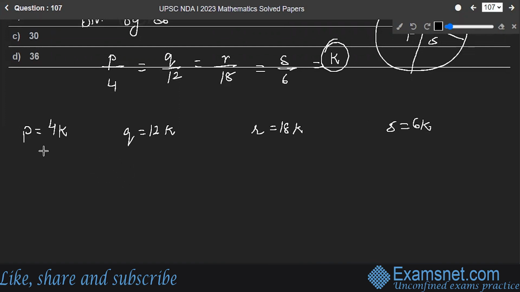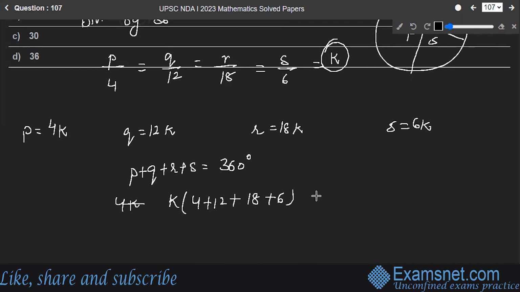All right, they are the angles of a complete pie chart. So P plus Q plus R plus S is equal to 360 degrees. That means 4K, I'll take K common, 4 plus 12 plus 18 plus 6 is equal to 40. 40K is equal to 360 degrees, which gives you K is equal to 9 degrees.